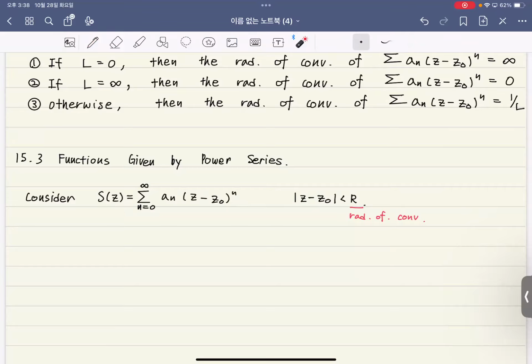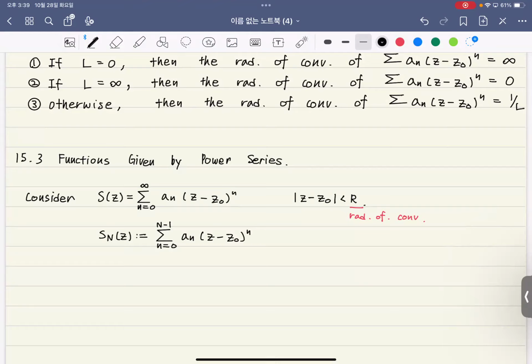But as mortal human beings, we cannot compute this infinite series. Therefore, we somehow need to truncate this infinite series. So the truncated series, I will call S_n of z, defined by the first n terms of this power series, the sum from n0 to n minus 1 of a_n (z minus z0)^n.